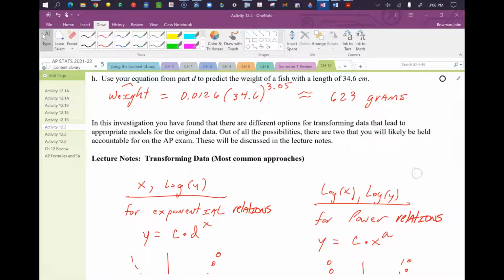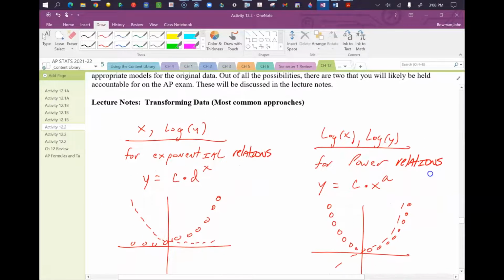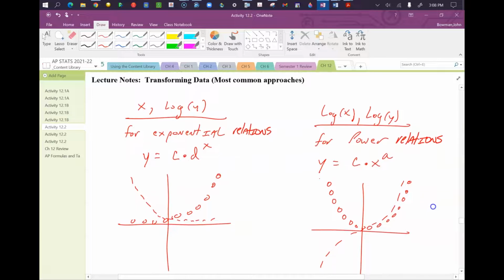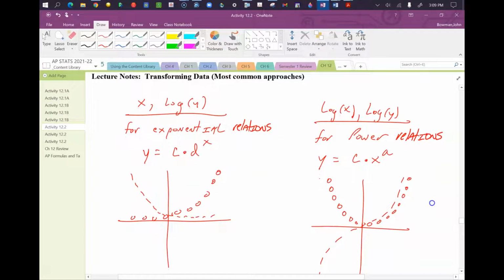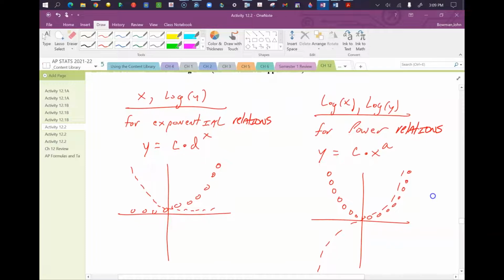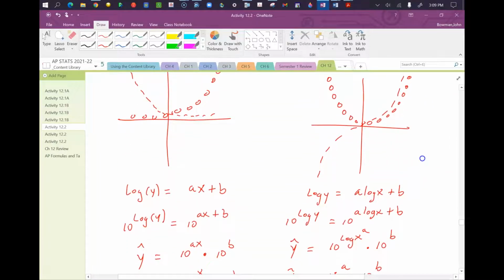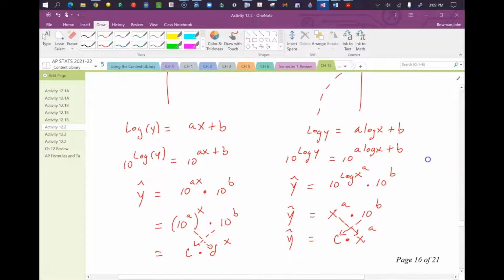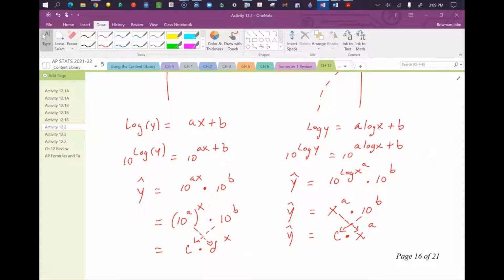Now, what follows here is just a justification of how x versus log y results in an exponential function and log x, log y results in a power function. We will go over this in class if anybody has any questions, but essentially what we're doing here is finding a line of best fit in terms of log y and x, and solving for y.